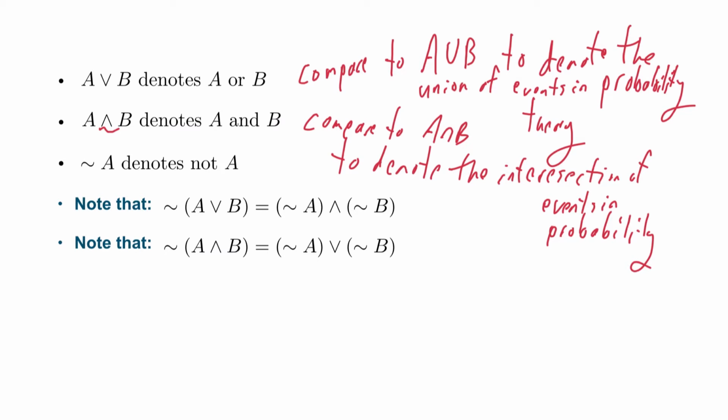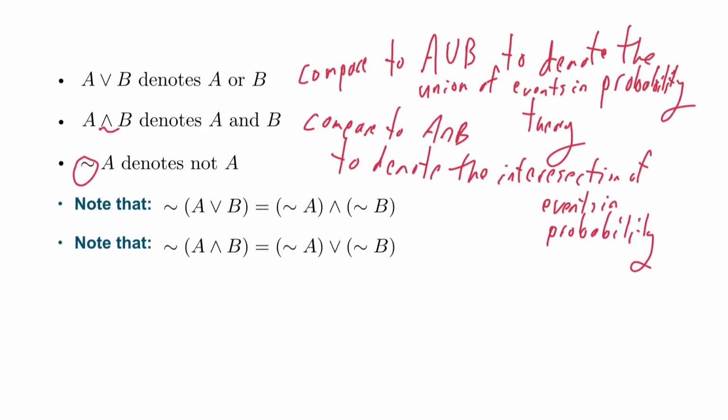And then this twiddle here denotes not. So taking a statement and saying not that statement. So for example, if A is the statement "the cow is white and black," not A, or twiddle A, would be the statement "it is not the case that the cow is white and black." A few cool remarks here, which is how negation interacts with and or.